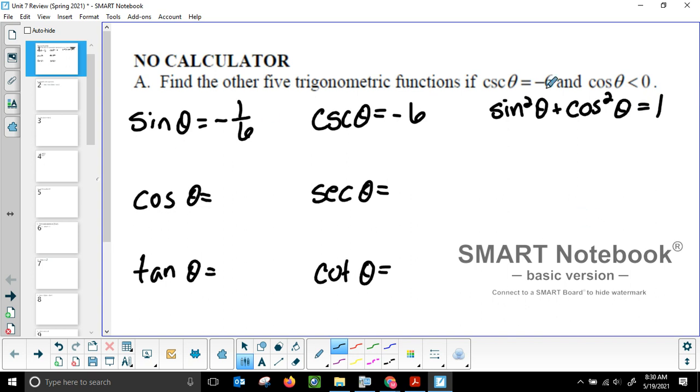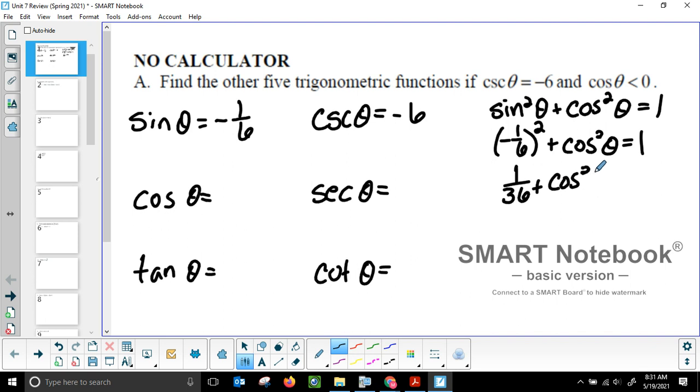All right, so I know sine theta. So if sine theta is -1/6, then sine squared theta is -1/6 squared. Of course, I don't know cosine, so I leave it, and still equal to 1. So -1/6 squared is 1/36. So I'll go ahead and change 1 to 36/36.